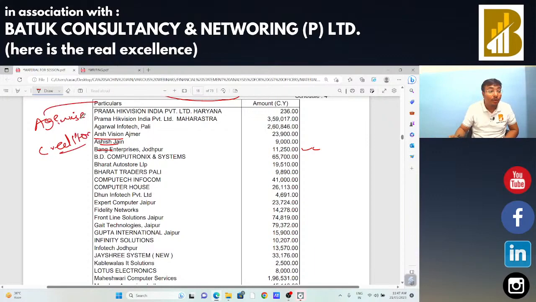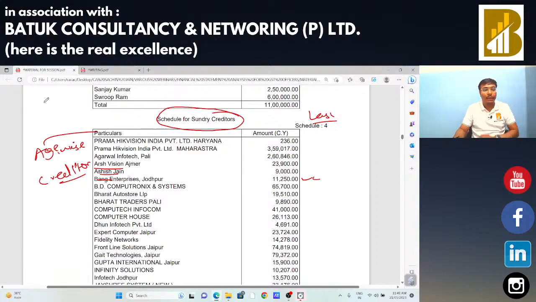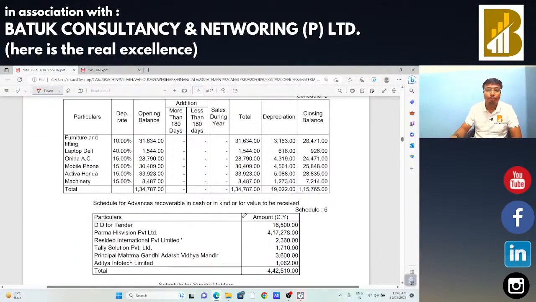So sir, that is the trick from which we can do the analysis of the financial statement. Now the fixed assets chart is there, there is no addition, no deletion, no sales.